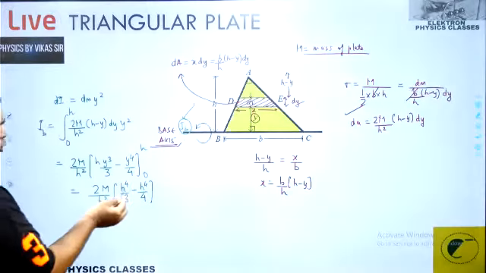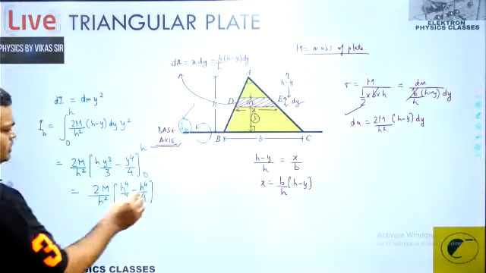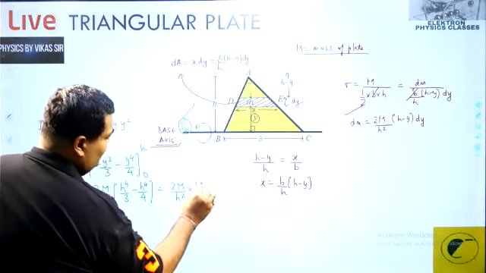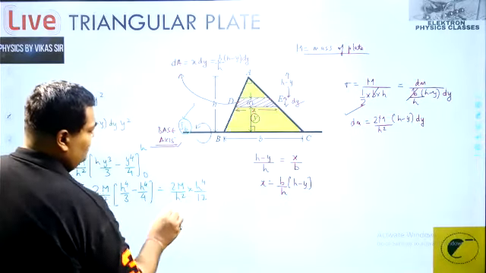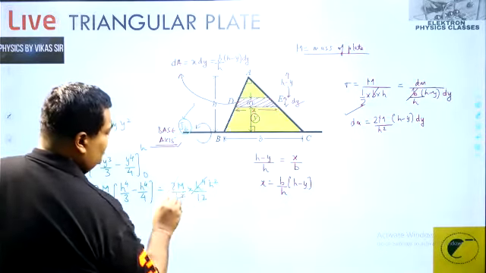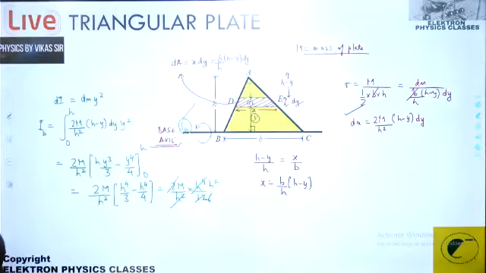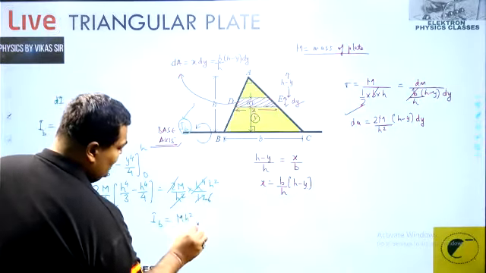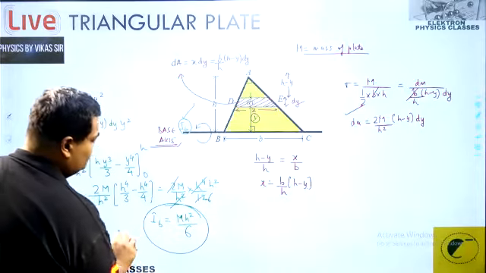That will be 4 minus 3, 1 upon 12. So that is twice of m upon h square into h to the power 4 upon 12. This h square gets cancelled, which takes care of the dimensional behavior. So the moment of inertia for the base axis works out to be equal to mh square upon 6.